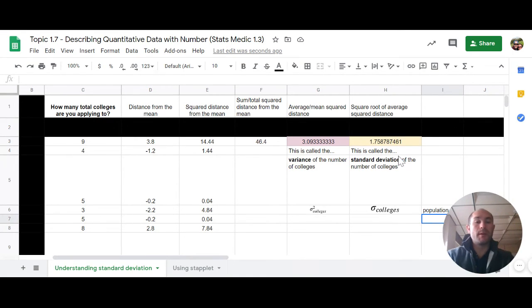The way we interpret the standard deviation, here's your interpretation.